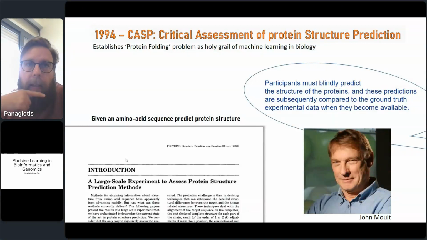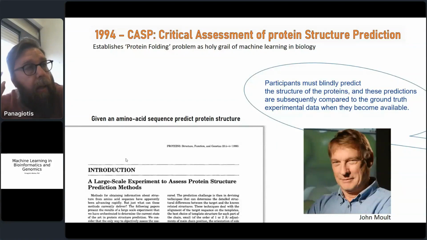They would tell all the machine learning people beforehand what these proteins would be, and then everybody that wanted to take part would try to predict the structure, and then they would get validated based on the real experimental data.